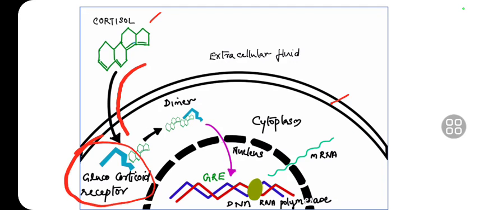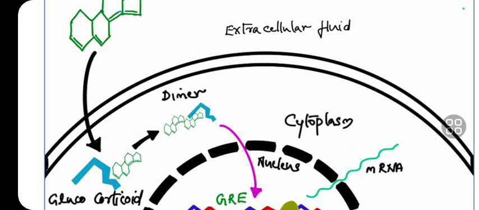The blue color indicates the protein. So this is a glucocorticoid receptor, which is a protein that has a binding site for cortisol. When cortisol enters the cytoplasm, this glucocorticoid receptor binds to the cortisol. Binding of the glucocorticoid with the receptor causes a conformational change, and it turns into a dimer.